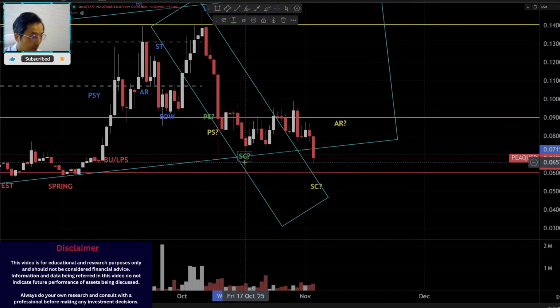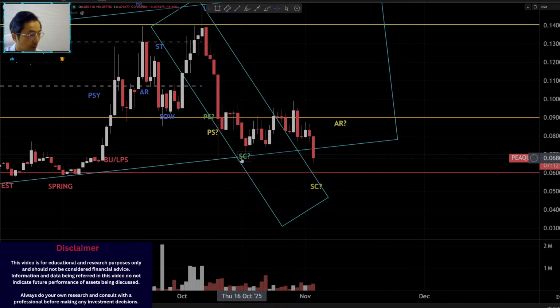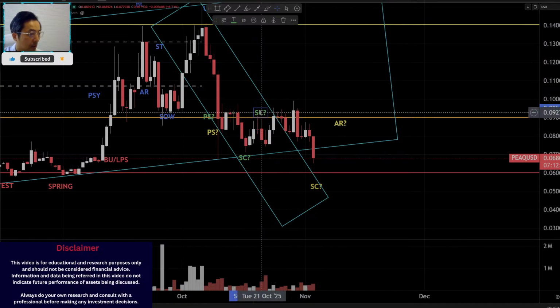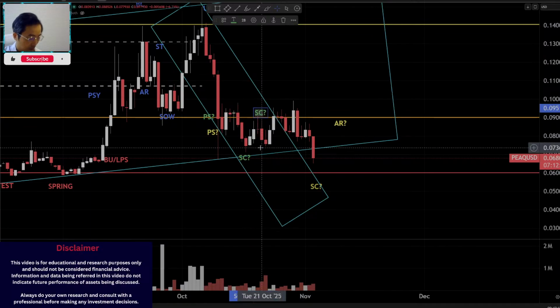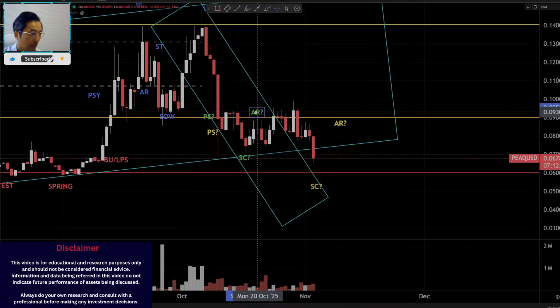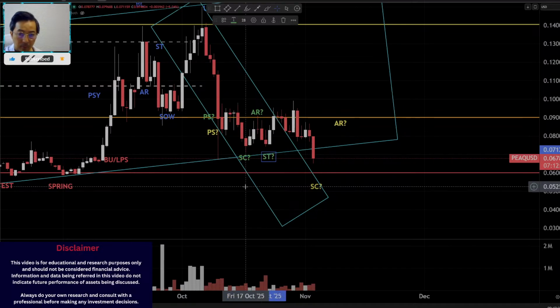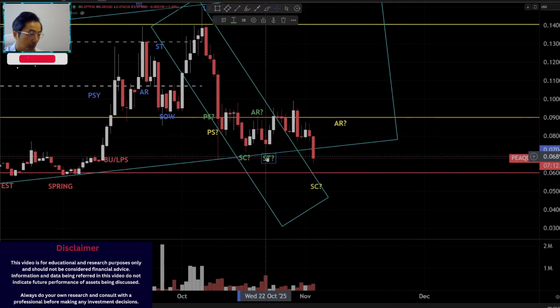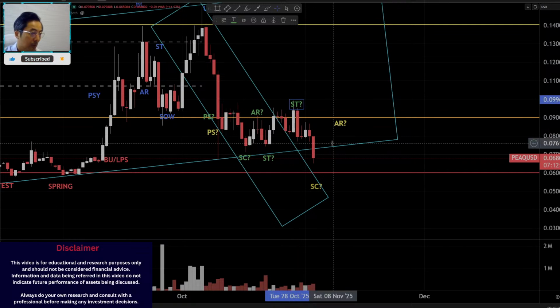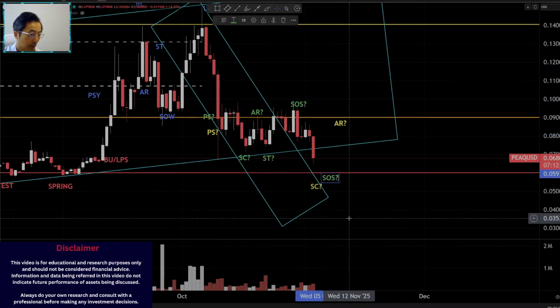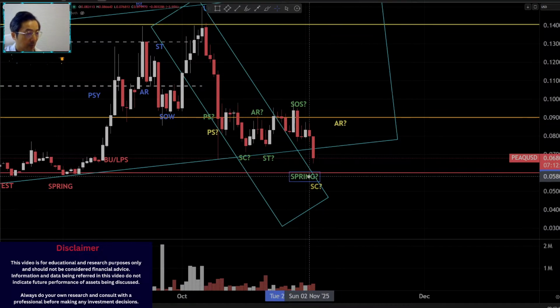So happening earlier, just 2 weeks ago. And eventually there was automatic rally, second test, and sign of strength as well. And what the price is doing now is getting towards the spring. So that's scenario 2. Okay.